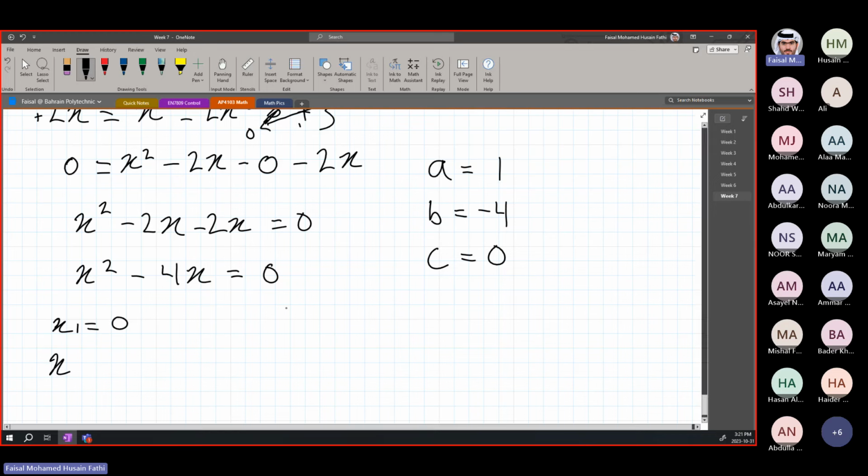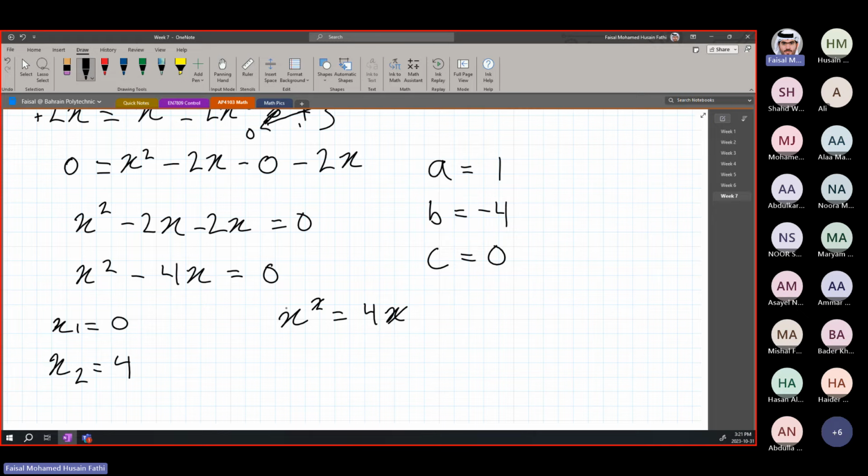So x1 is equal to 0. x2 is going to be, x squared equal to 4x, when we cancel here, x2 is equal to 4. Don't do this in the exam, use mod 5.3 and the quadratic equations formula. So x1 is equal to 0, x2 is equal to 4.